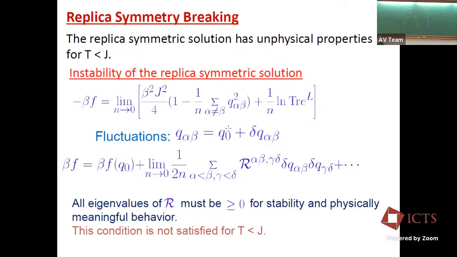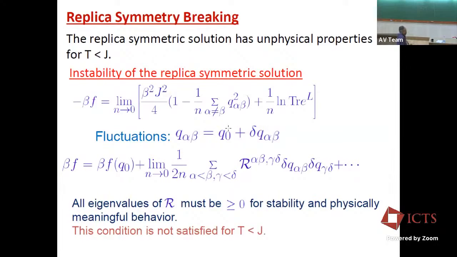And now instead of having just one Q, you have these two Qs corresponding to this and that. So again, you will have a function which involves these three parameters, and then you minimize that free energy with respect to these three parameters to find out how these things depend on temperature and things like that. I have some notes where that calculation is done. If anybody wants to look at that, we can share that.